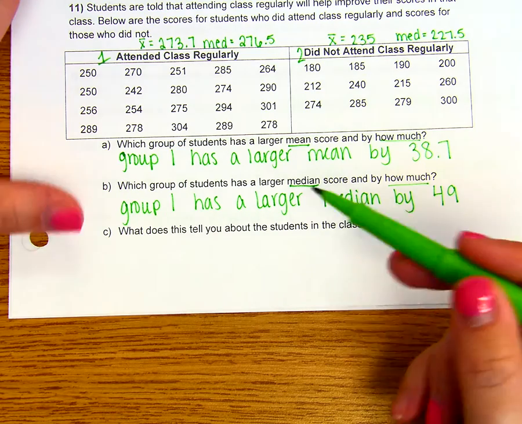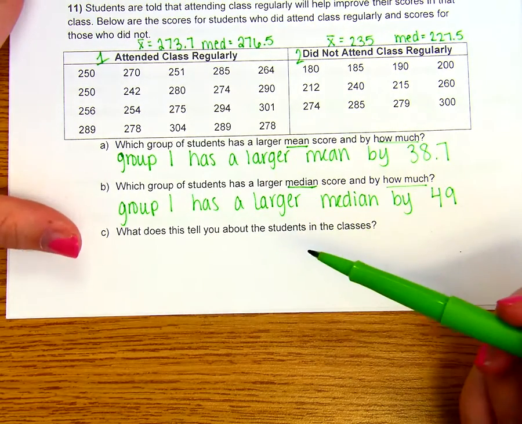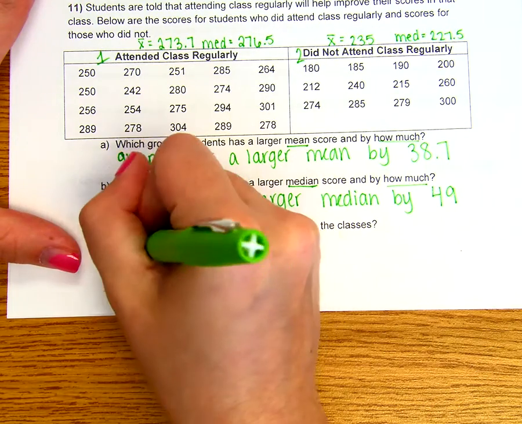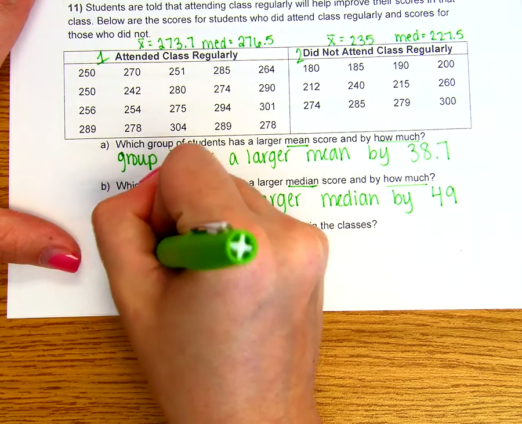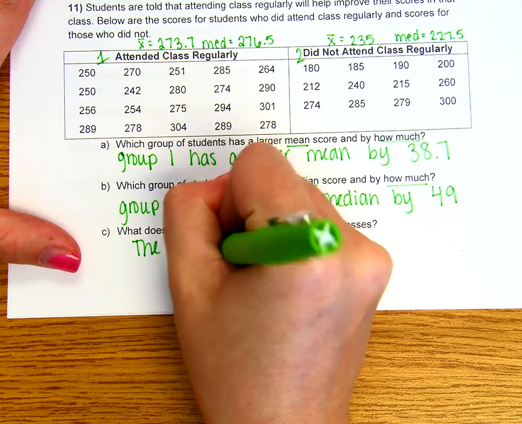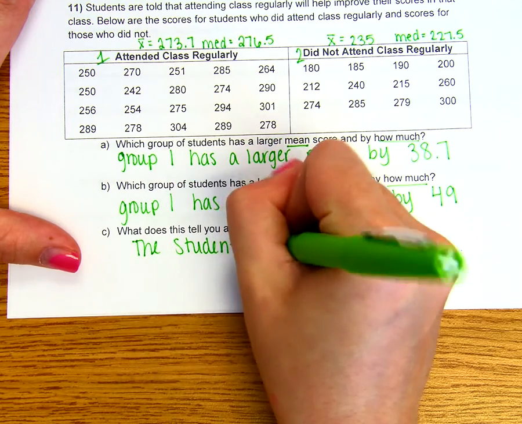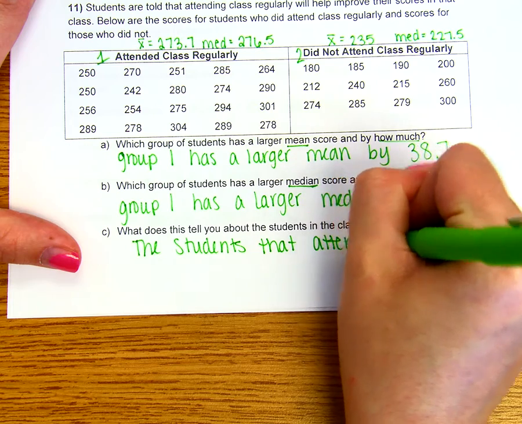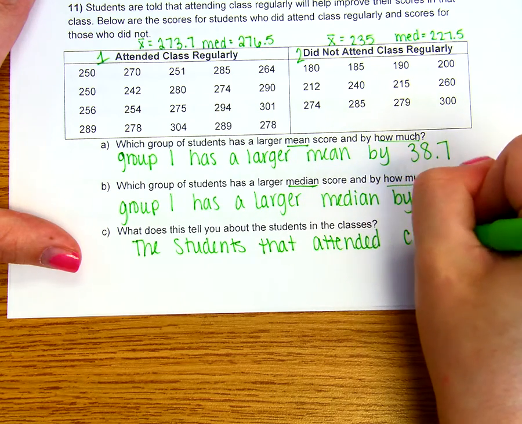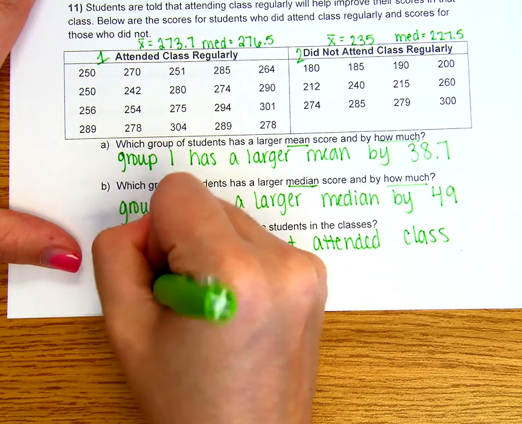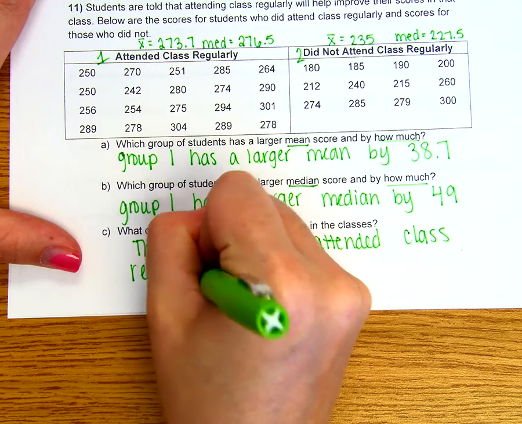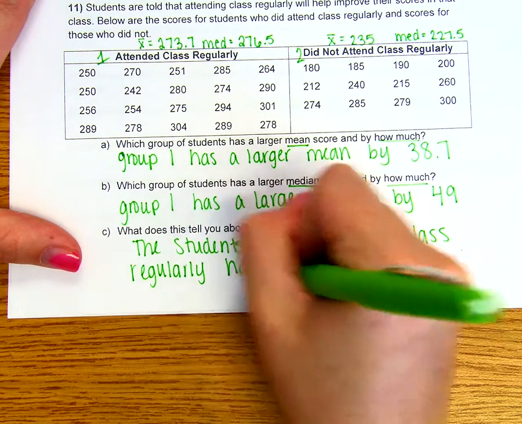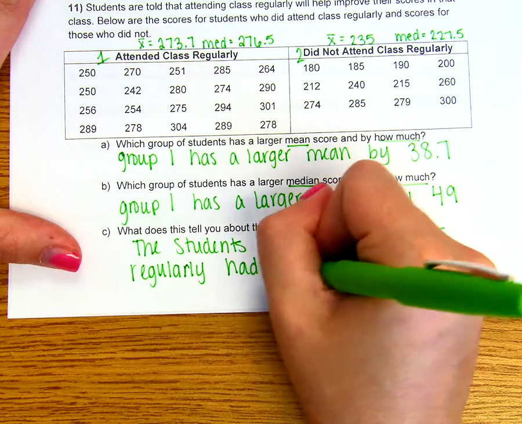You have to have a full sentence. A generic one that we can say here is that the students that attended class regularly had better scores.